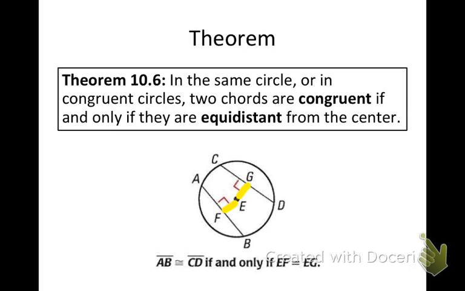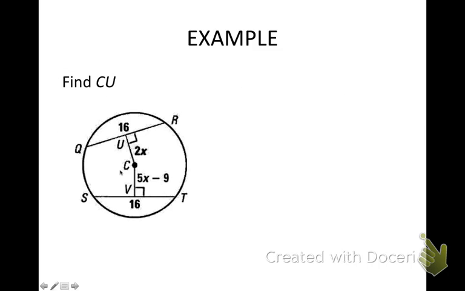So if this is the same as that, and it's perpendicular, it has to be perpendicular for it to be the shortest distance, then we're going to have congruent chords. I did not draw that right. That's all right. Why don't you just skip down to the next problem? It's easier done than written.